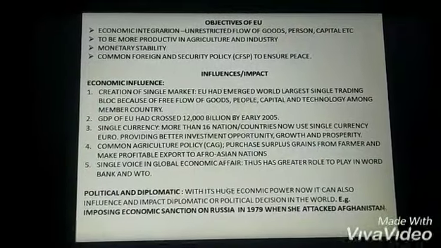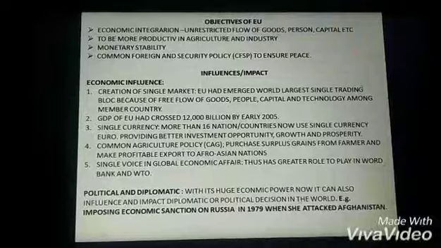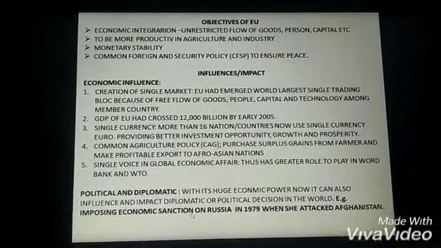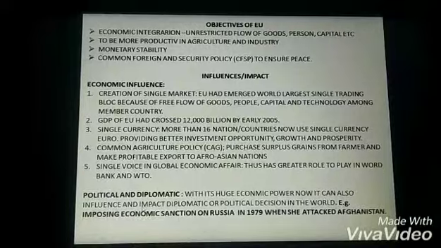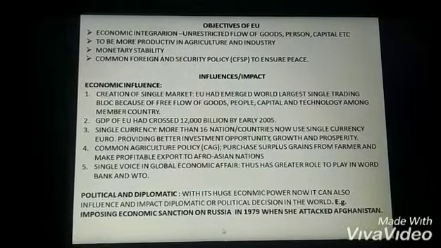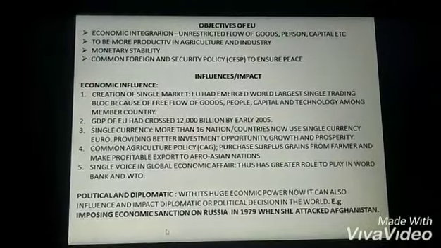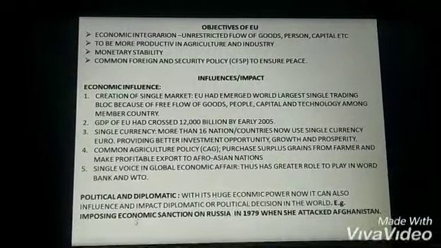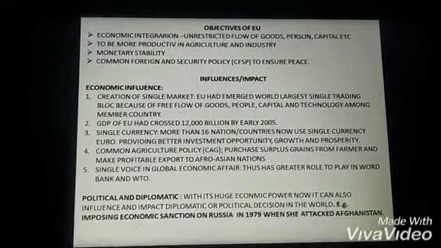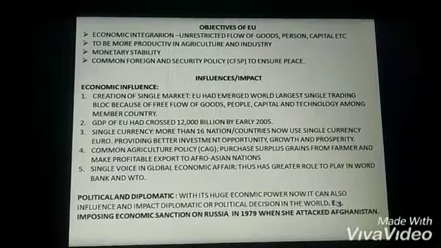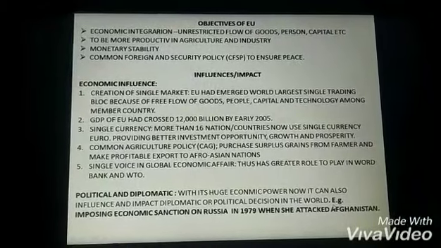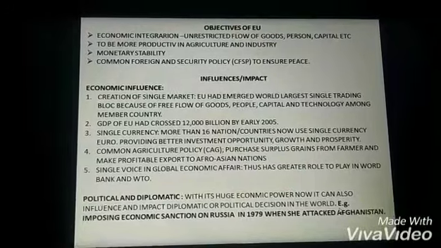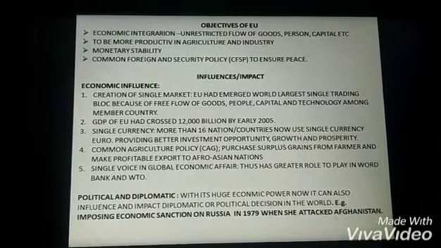So through this huge economic power, through the collaboration of 27 members, they have a good impact even on the political and diplomatic decisions of the world. That is a very good example of how the power of the US, the superpower of the world, is being checked because of the EU.